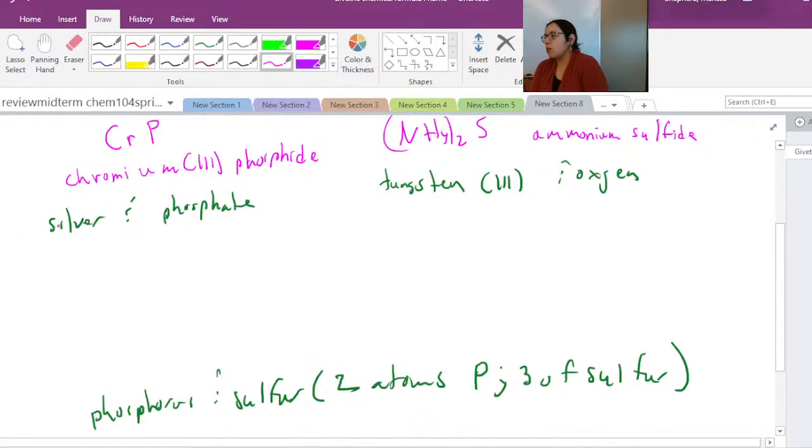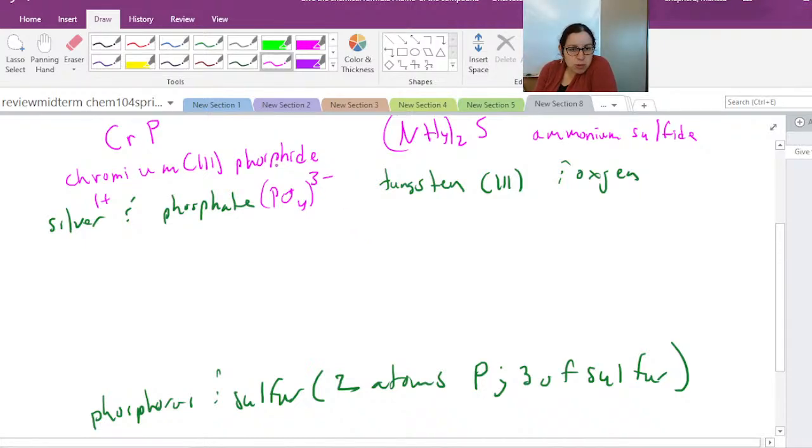So what's silver's common charge? So +1, and then what's the formula for phosphate off of your polyatomic? So PO4, do you remember the charge that it has? So 3 minus, so yeah, just have your chart handy for your exam.